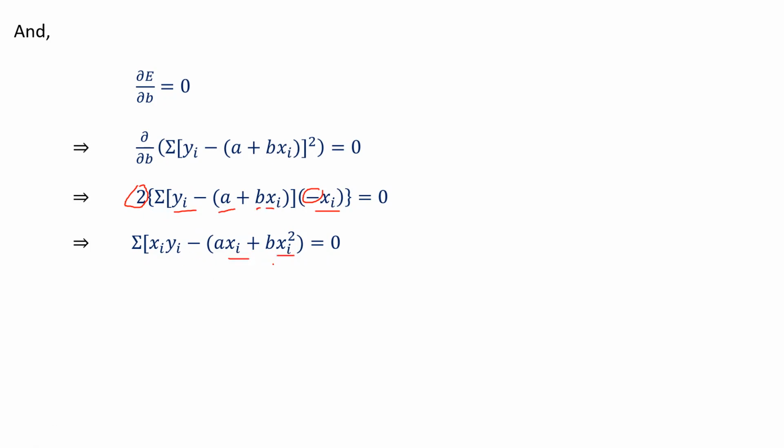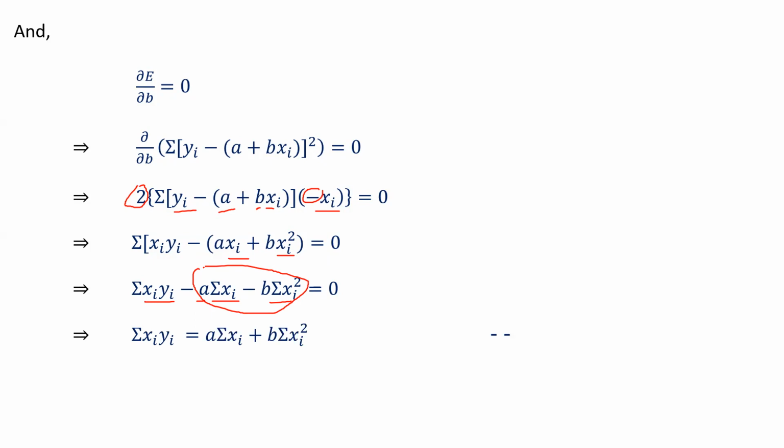Now if we simplify this bracket, we have sum of xi yi minus a sum of xi minus b sum of xi whole square. If we transpose these two terms to the right hand side, we get sum of xi yi is equal to a times sum of xi plus b times sum of xi whole square.